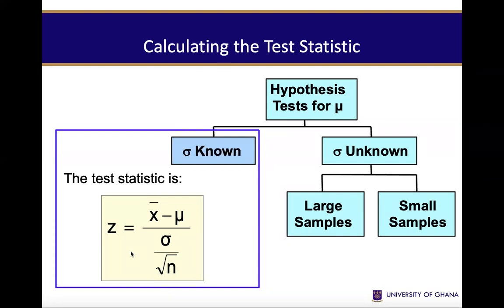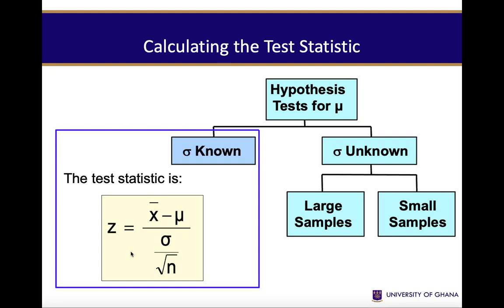Whether it is known or unknown, the test statistic that we compute is going to be different. There will be different ways of computing the test statistic, and each of them will follow a different probability distribution.